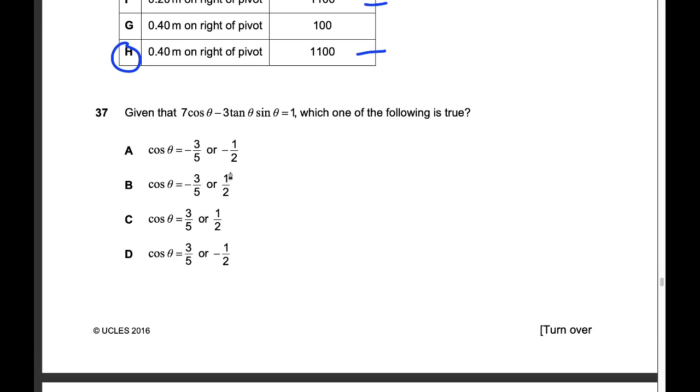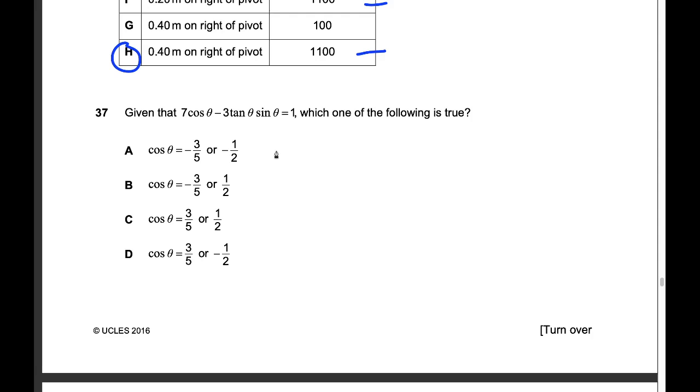Okay, right, we've got a trig equation here. So 7 cos theta minus 3 tan theta sine theta equals 1. So we want to put this in either all cos or all sine. That's the only way we're going to sort of solve this. But the question is giving the answers in cos, so we're going to change this into all cos.